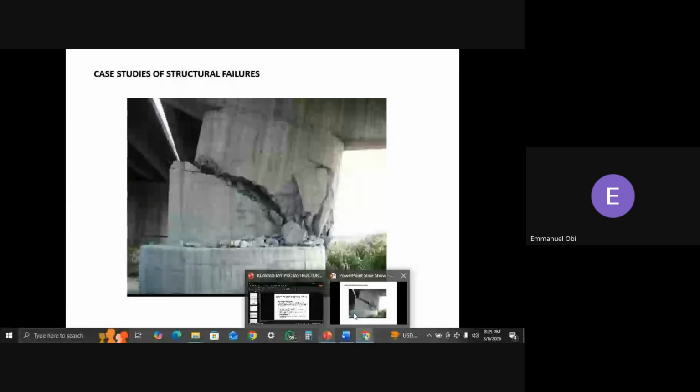So if you can bring a support on the two decks of the bridge, and then you make a new foundation around it, then the reinforcement around it, and then cast a new pier or a column to support that very place. It will solve that problem.